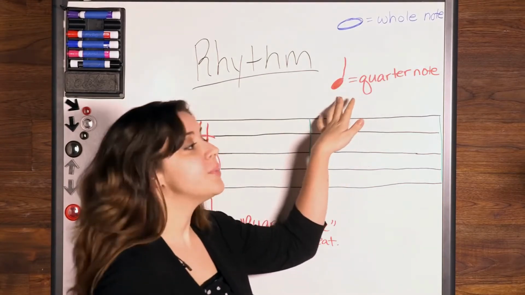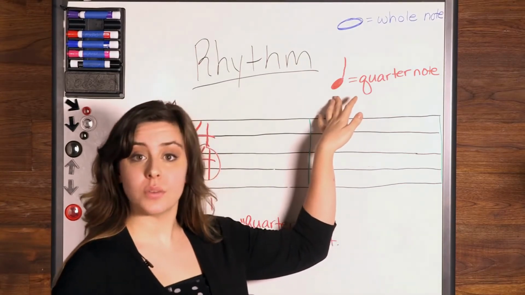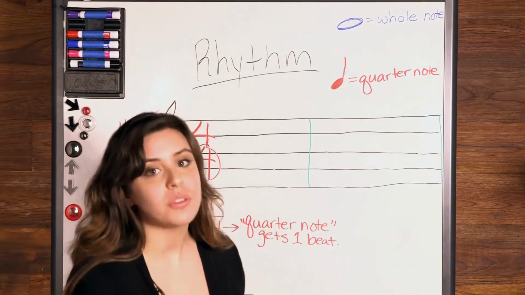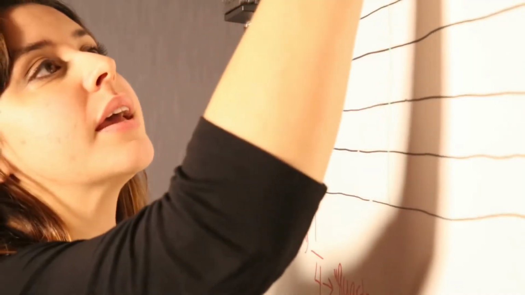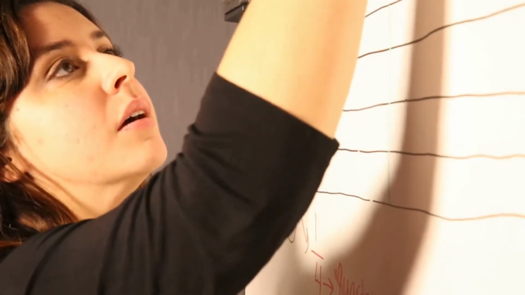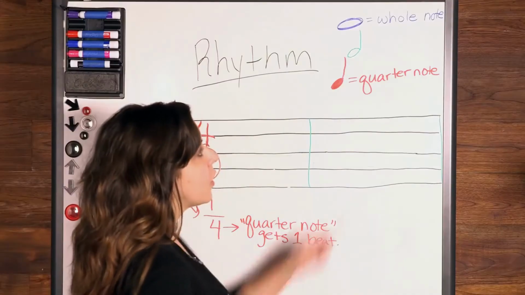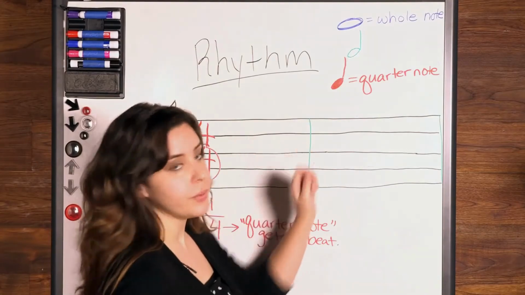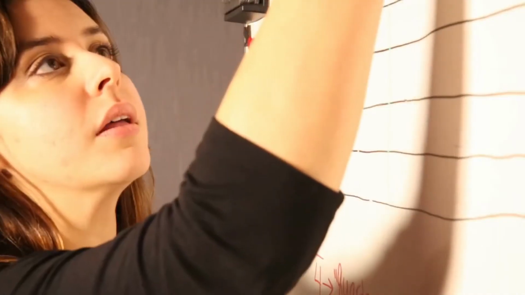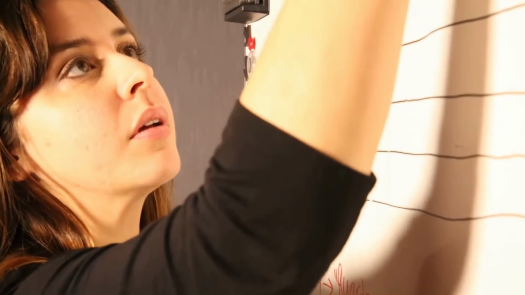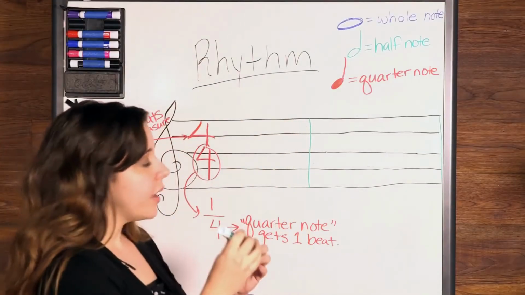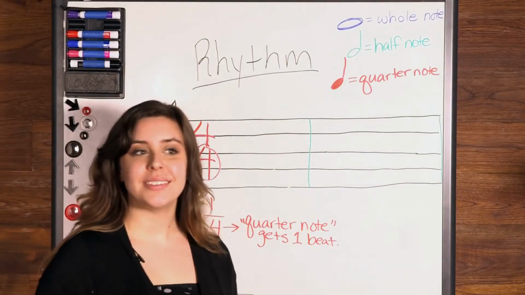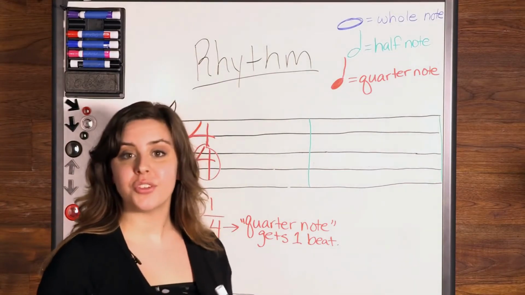And the reason I was very specific about filling in this quarter note is because a half note looks very, very similar, except it looks like this, with an empty space in the middle. Now, this would be a half note.